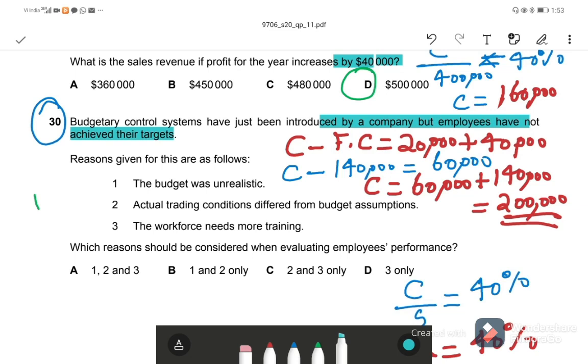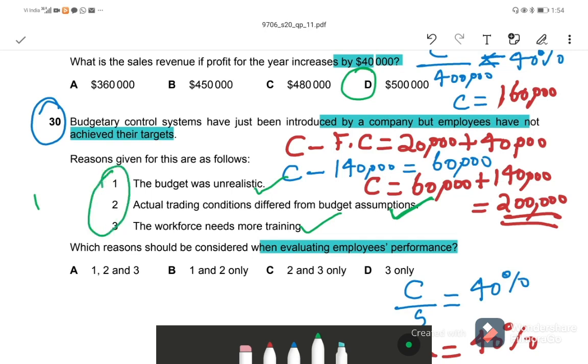Which reasons should be considered when evaluating employee performance? First one, the budget was unrealistic. It may be one reason. Next, actual trading conditions differ. Yes, they are always different from the budgeted ones. Workforce needs more training. These are all correct. So the correct option is A.